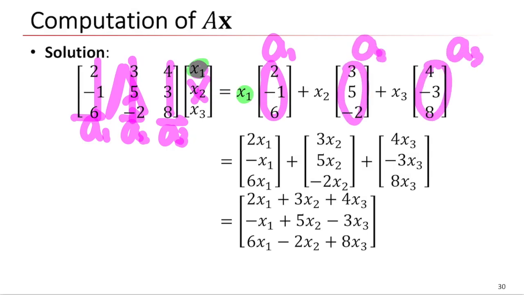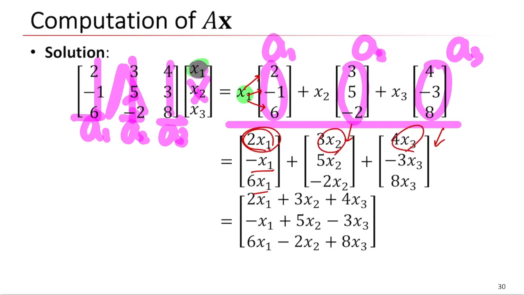How can we compute this? Just multiply each element like this, like this, like this. You can do it yourself. Then we just add these three entries together.